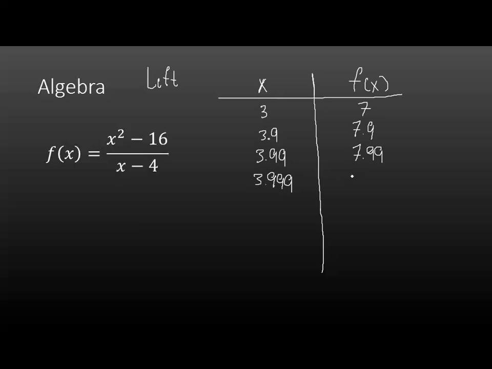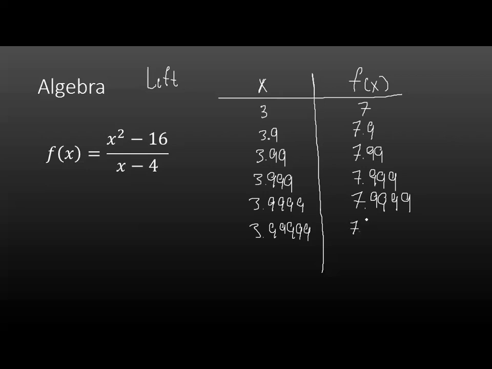From the calculator, it's 7.999. Now let's do it again, but make it even closer. 3.9999. Here I can see the pattern, but I'll use my calculator. This is 7.9999. Okay, and so on and so forth.